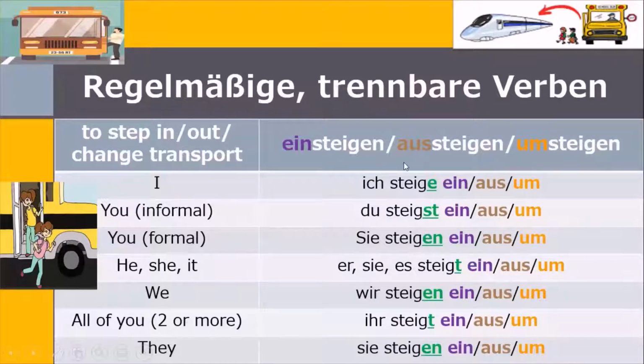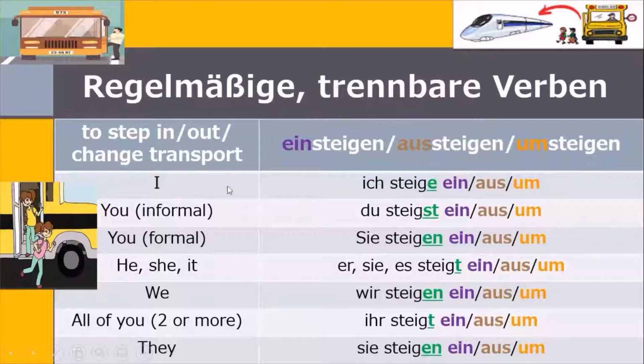Because these verbs are regelmäßig or regular, therefore the conjugation pattern will be like this, as it is for all German regular verbs. Ich steige ein, ich steige aus, ich steige um.